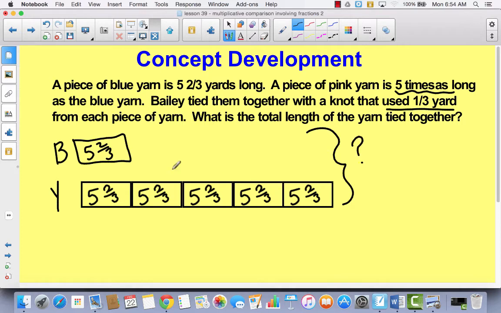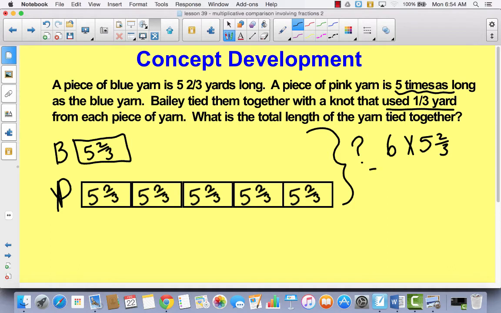All right, so how could I find the total? Well, I could find the total of the pink yarn. I put Y for yarn, but it should be P for pink. And then I could add together the blue yarn. But because I've got 5 2/3, 1, 2, 3, 4, 5, 6 times, I think it'd be faster just to say 6 times 5 2/3. And this is going to give me a total for the yarn.